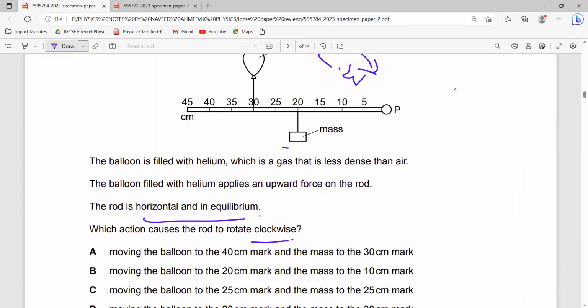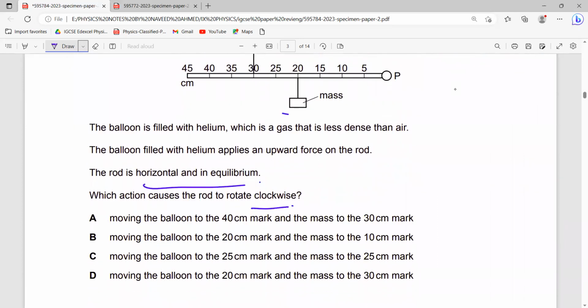We have to search which are the possibilities here. First of all, A: moving the balloon to the 40 centimeter mark and mass to the 30 centimeter mark. B: moving the balloon to the 20 centimeter mark and mass to the 10 centimeter mark.